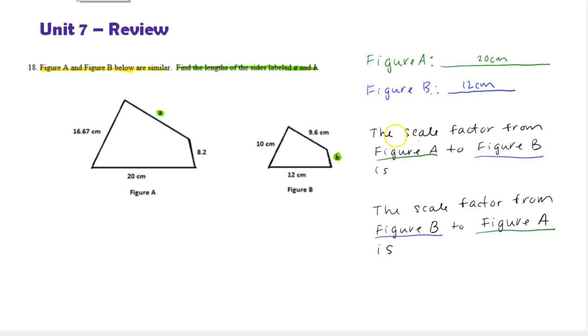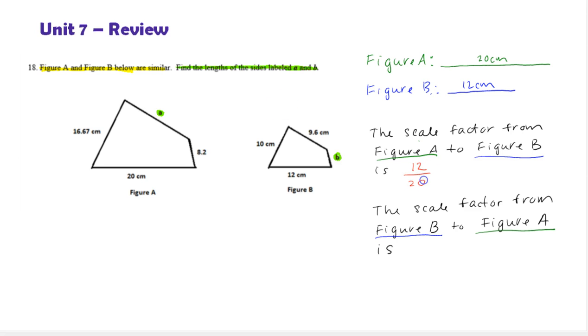So the scale factor from figure A to figure B is, if you know a value in figure A and you want the value in figure B, you would multiply by 12 and divide by 20. So it is 12 over 20.